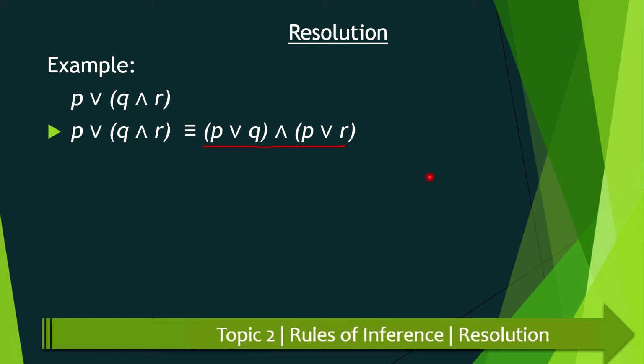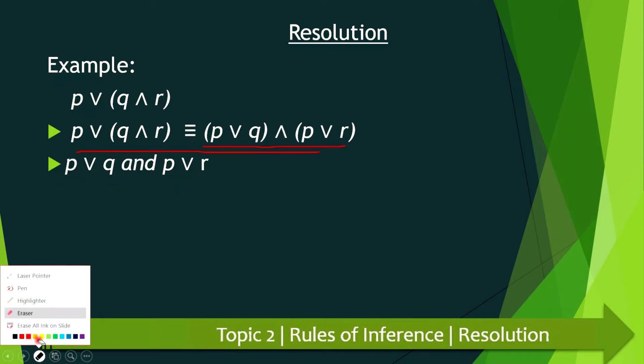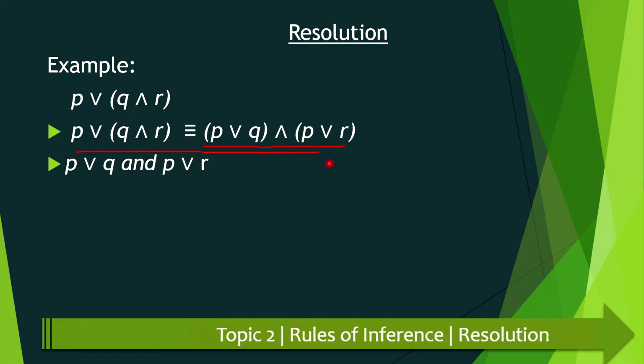So that is the resolution. We can replace that one with P or Q and P or R. That is the same as the not P or R, which can also be replaced with not P and not R, which according to De Morgan are logically equivalent.